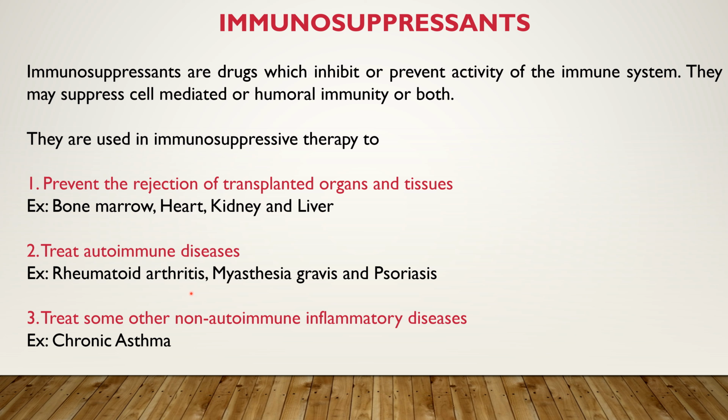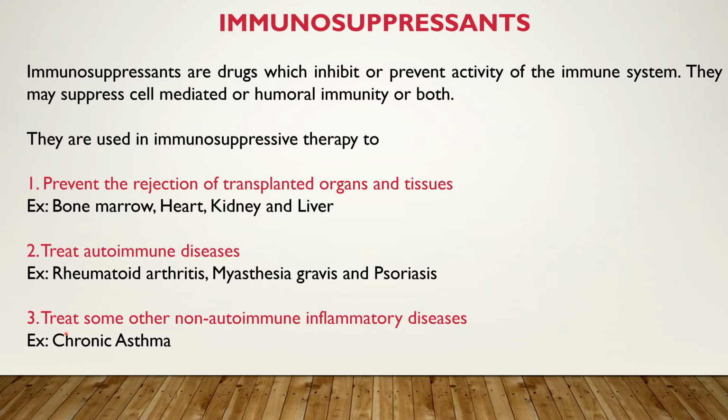We know well that autoimmune diseases means the immunity mistakenly kills the healthy cells or tissues. To treat these diseases, we use the immunosuppressants. Examples for autoimmune diseases are rheumatoid arthritis, myasthenia gravis, and psoriasis.